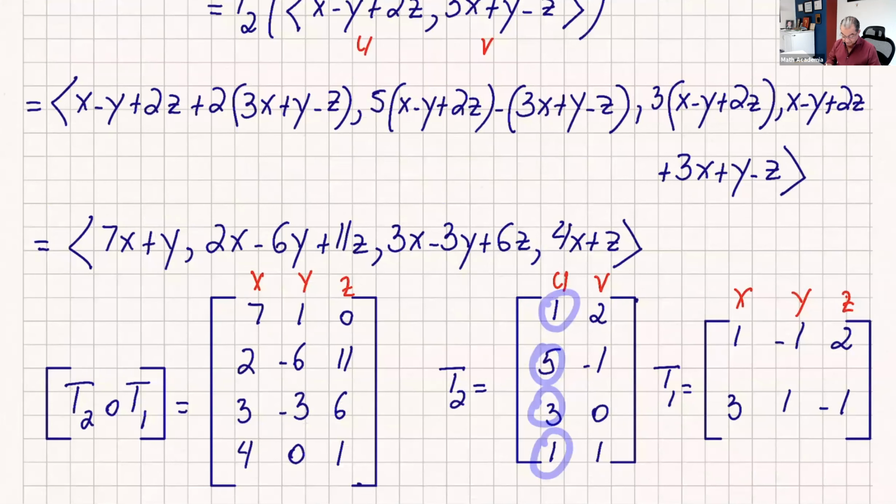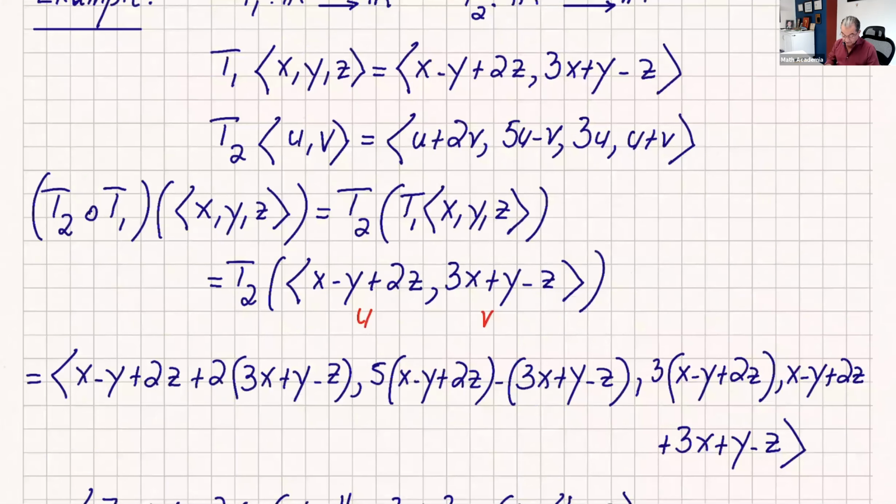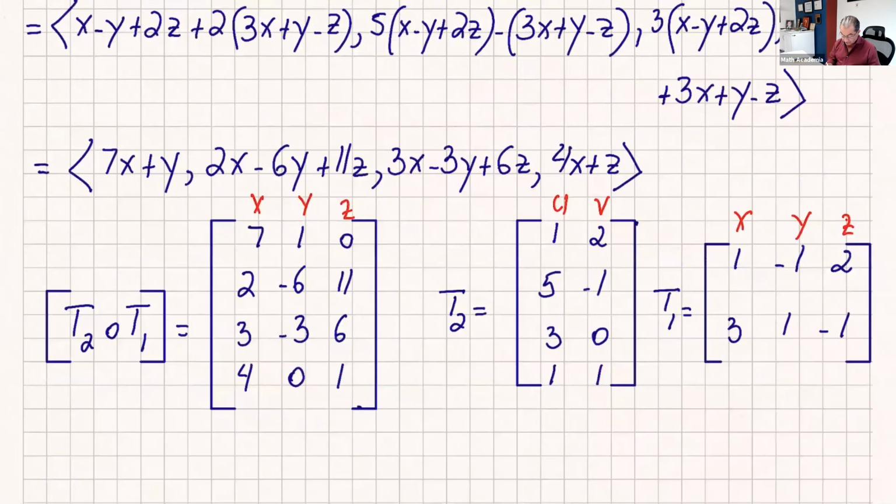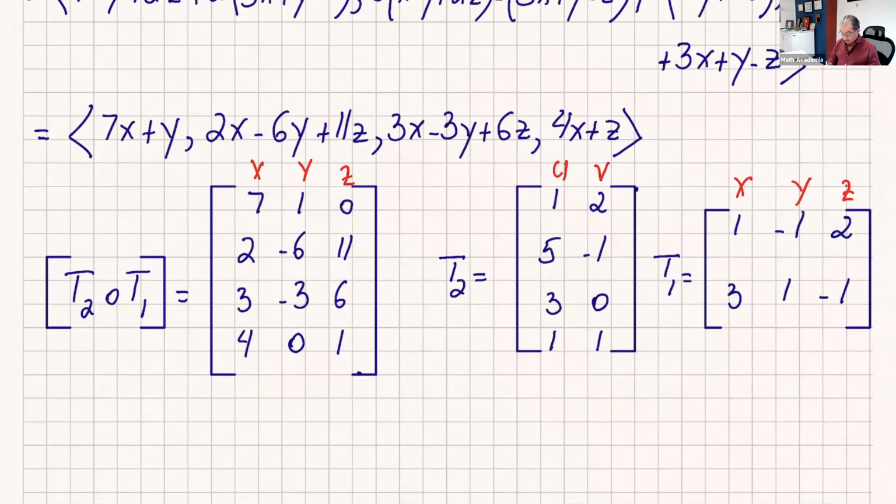And for V, we have 2V, -V. Here doesn't have a V, and we have V, so it should be 2, negative 1, 0, and 1. Let's check: 2, negative 1, 0, and 1. You can write the same for T2. And notice what we are doing here is T1 row T2, not T2 row T1.